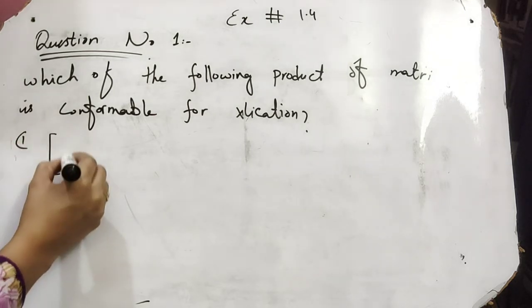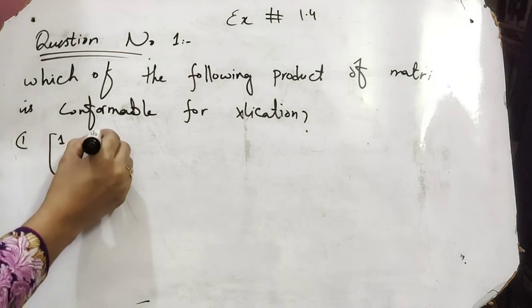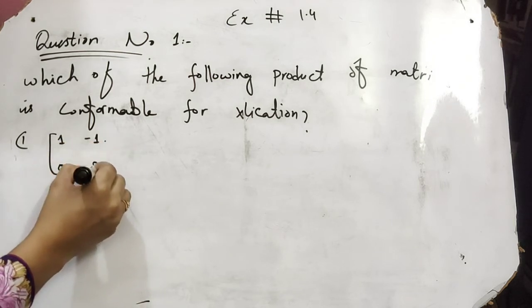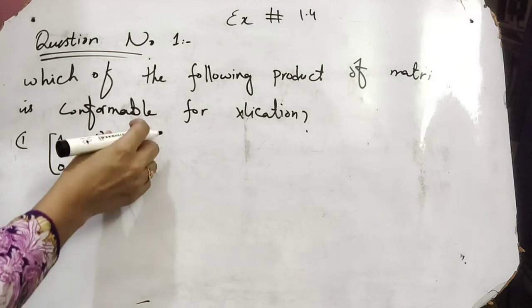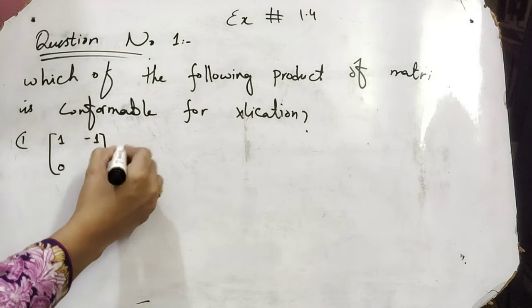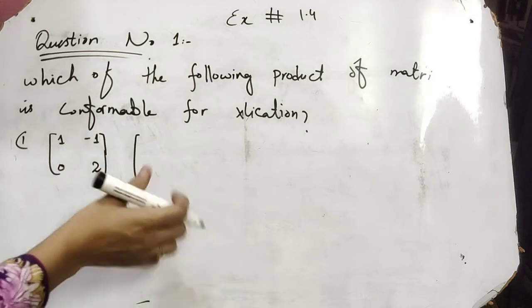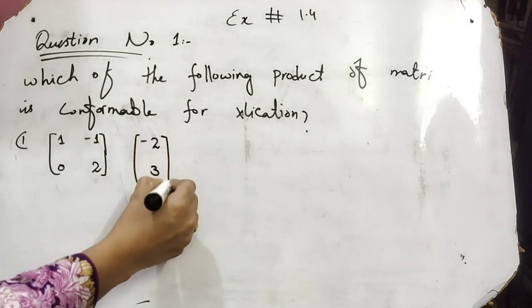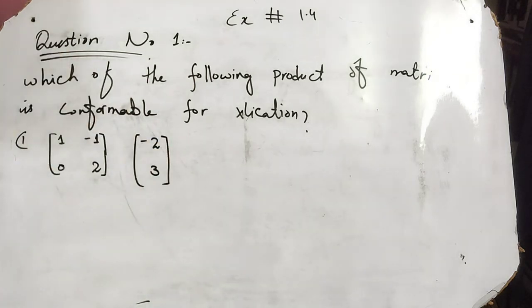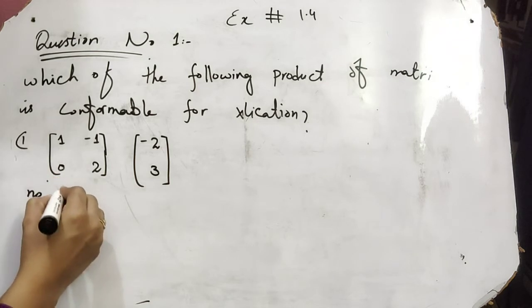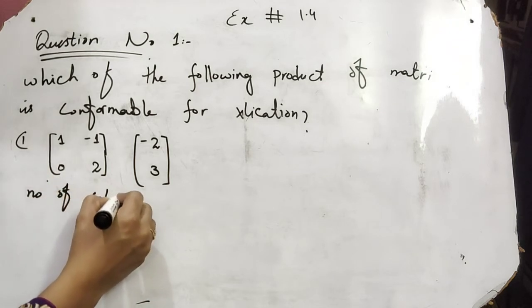First part is 1, minus 1, 0, 2, and the second is minus 2, 3.